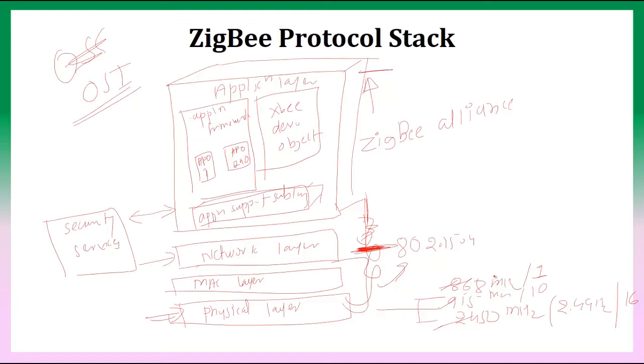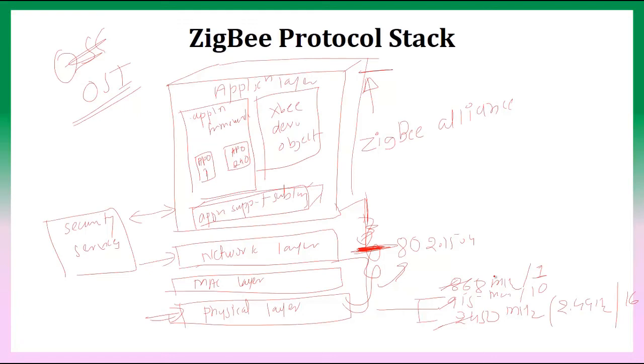MAC layer. The MAC layer provides an interface between your physical layer and the network layer. It provides two services: the MAC data service and the MAC management service interfacing to the MAC sublayer management entity, or MLME. The MAC data service enables the transmission and reception of MAC protocol data units across the physical data service.